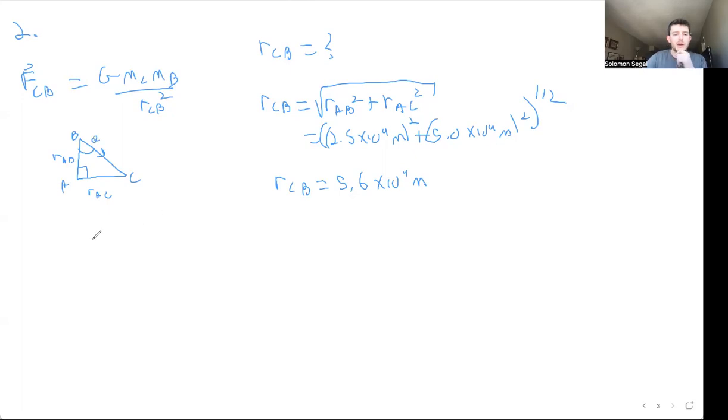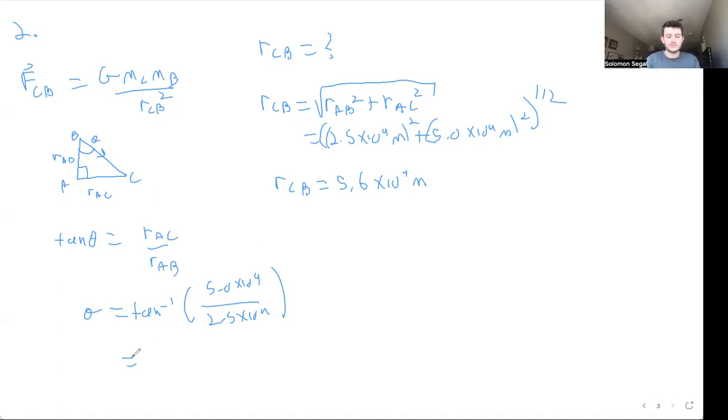So if we have theta here, then tan theta is equal to RAC over RAB, which would mean that theta is equal to tan -1 of RAC 5.0 times 10 to the 9 divided by 2.5 times 10 to the 9.